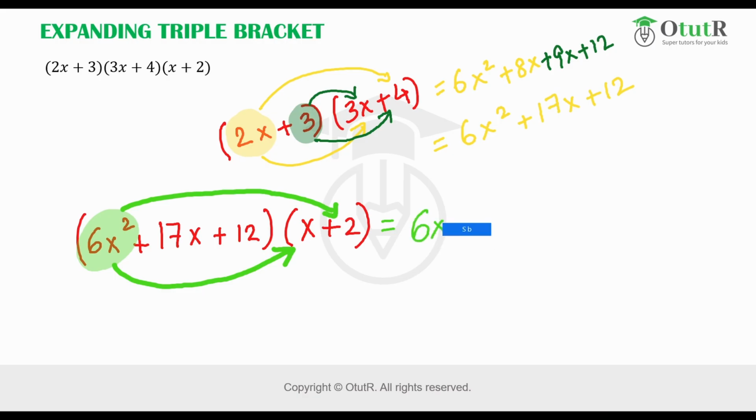We are going to get 6x to the power of 3, which is 6x cubed, plus we are also going to get 12x squared. Done. After we are done with this, we are again going to move on to the next term, which is 17x. So let us multiply 17x now with x and 2.